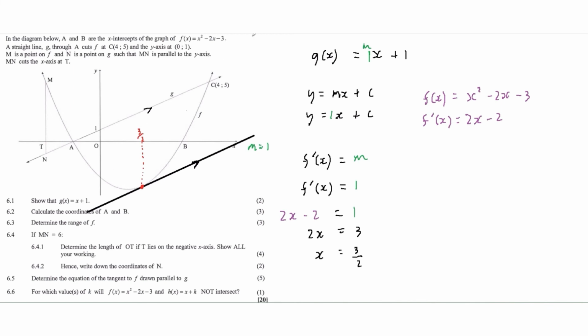And then to work out our y coordinate, we're going to substitute that into our parabola equation. So y equals x squared minus 2x minus 3, and we know that x is 3 over 2.